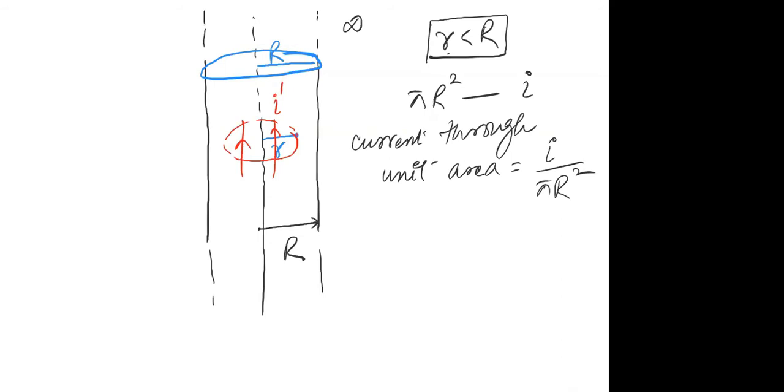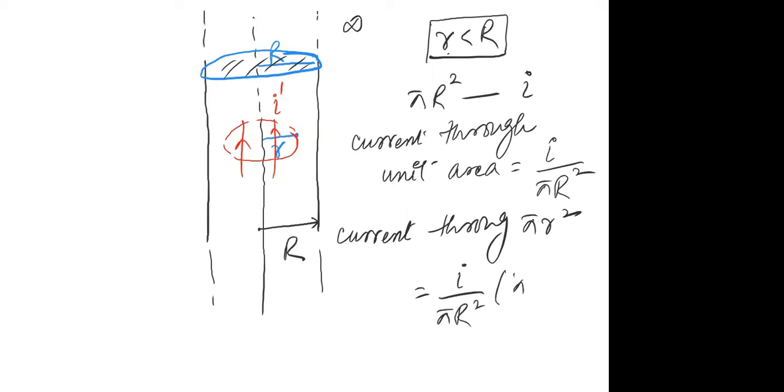In this area the total current flowing is I, so the current through unit area would be total current divided by total area. Now the current through pi into a small r square will be the current through unit area multiplied by this area, and I'm calling this current I dash.